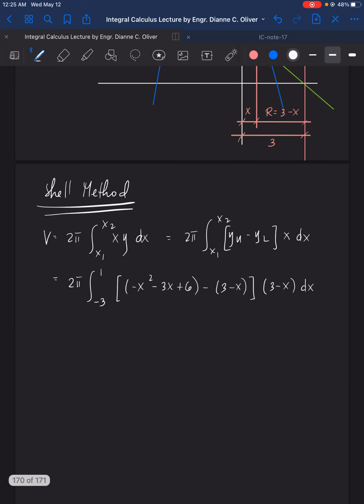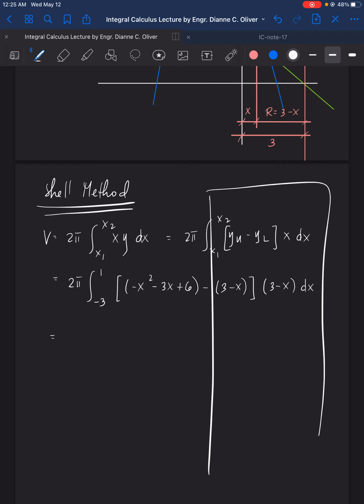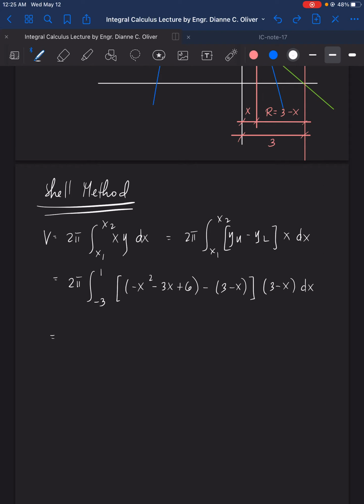Then we can already use the calculator here, but let's simplify further if we want to, because the calculator will occupy this portion here, so we cannot see much. This is 2 pi, but you can already input this in the calculator if you want. So we have negative x squared minus 3x plus 6 minus 3 plus x, times 3 minus x, dx, from negative 3 to 1.